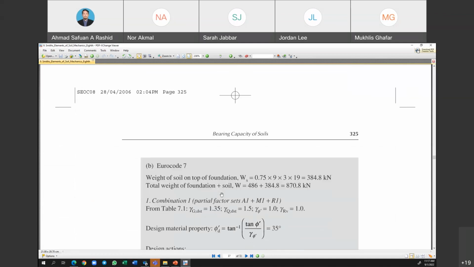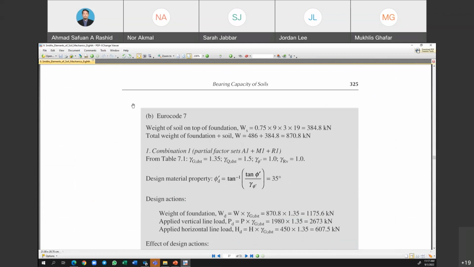So now we look at Eurocode 7. For the first example, without any eccentricity, the weight of the top of the soil, Ws, is 0.75 times 9 times 3 times 19. Total weight of the foundation W is 486 plus 38.